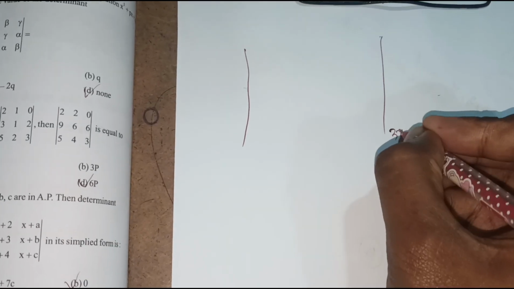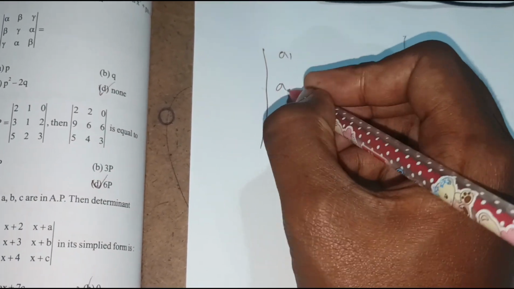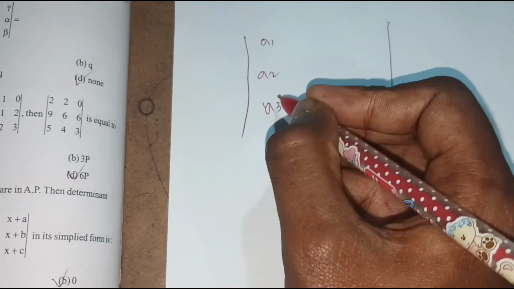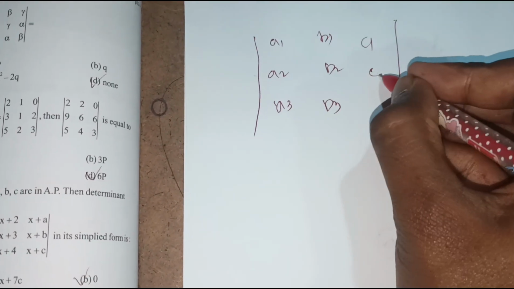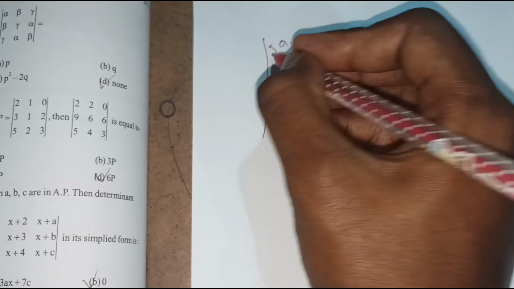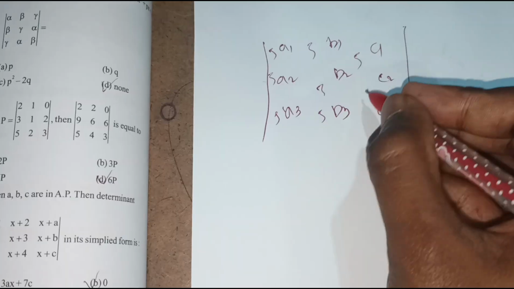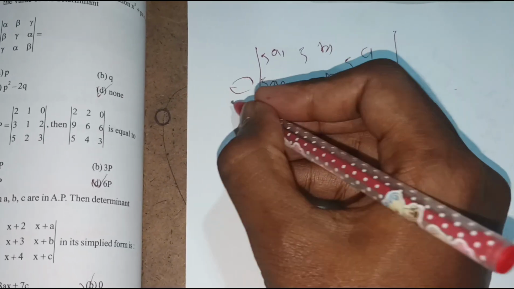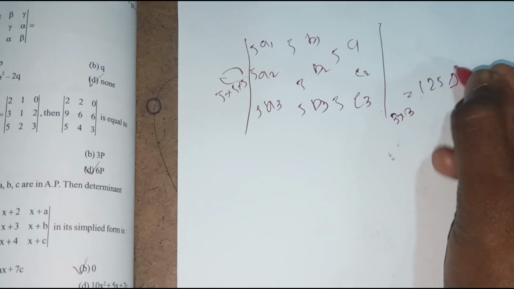So let's take A1, A2, A3, B1, B2, B3, C1, C2, C3, each multiplied by 5. Taking the 5s outside, 5 into 5 into 5 is 125. So option D is the correct option here.